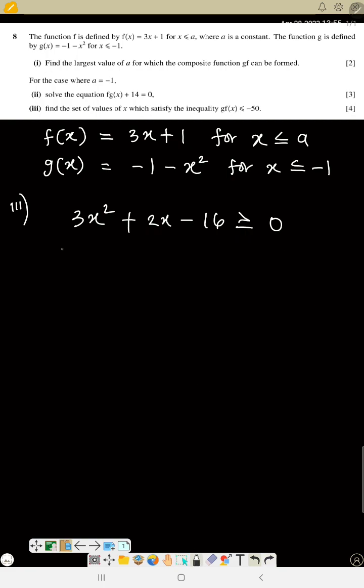So this is 3s squared plus 8s minus 6s minus 16 is greater than or equal to 0.